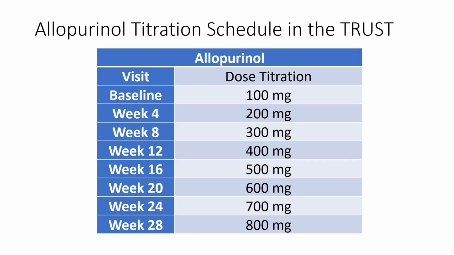The dose titration schedule is displayed in this table. If the serum urate target is achieved at a given dose, we stop escalation and continue that dose for the rest of the trial. If not achieved, the titration continues up to 800 milligrams daily by week 28.